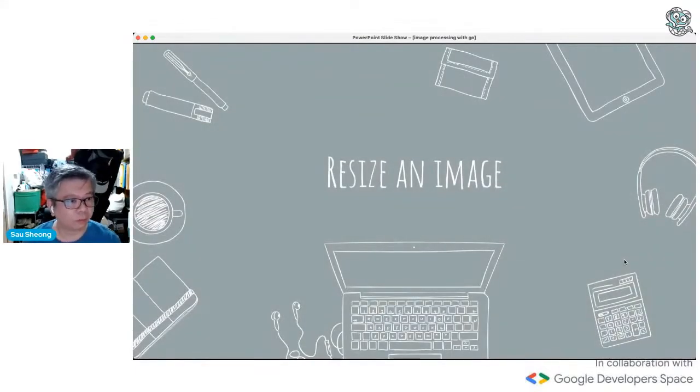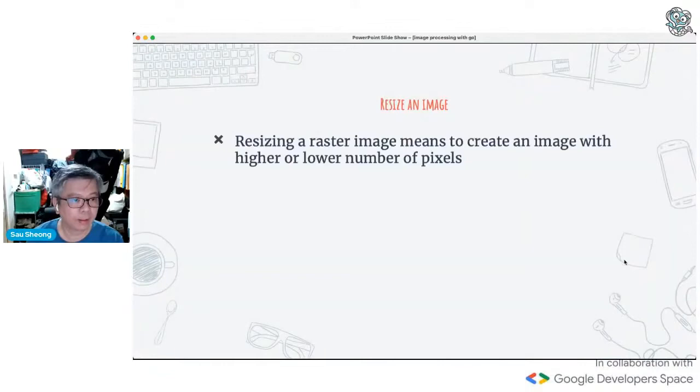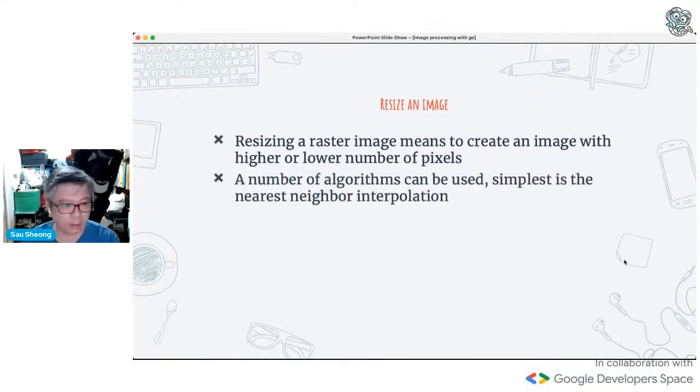Okay, and so finally, I want to talk about how you can resize an image. Resizing a raster image literally means you create an image with a higher number of pixels or a lower number of pixels, right? Because you either blow up the image or reduce the image. And there are a lot of algorithms.